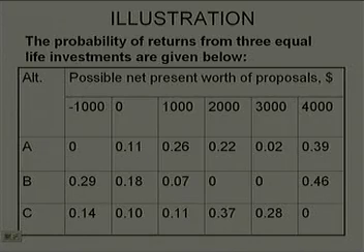Now, if you look at alternative A, corresponding to $2,000, your probability value is 0.22. Corresponding to 3,000, it is 0.02, and corresponding to 4,000, it is 0.39. So, the probability that alternative A is going to give me $2,000 or more is the sum of 0.22 plus 0.02 plus 0.39. I will try to do it here.